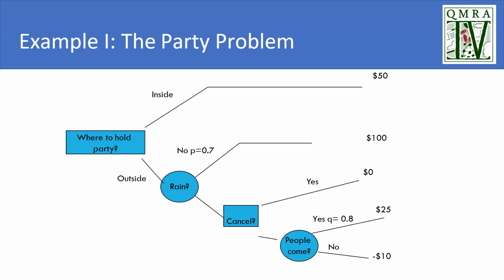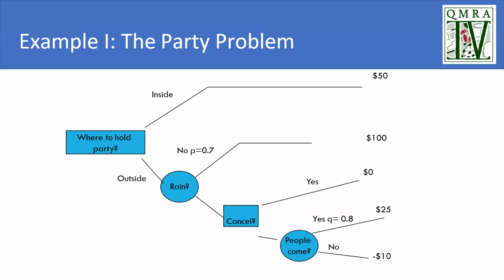In this example, we are deciding where to hold a party. This is the party problem. And we want to decide whether we should hold the party inside or outside. The expected value from holding it inside is going to be $50.